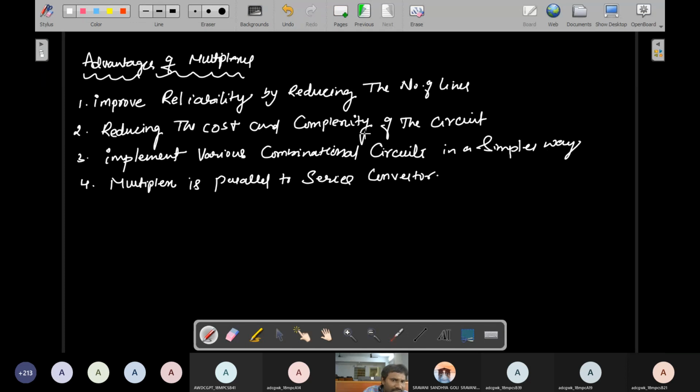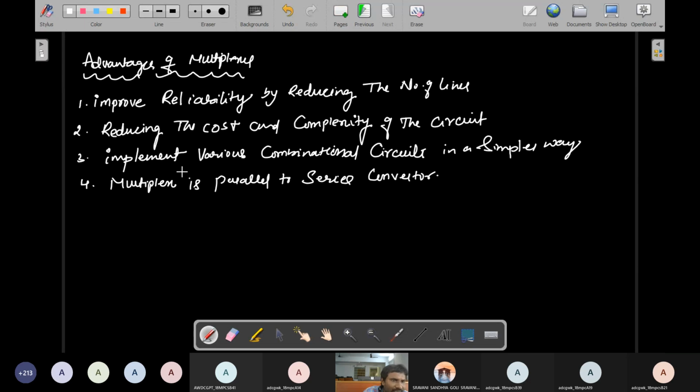And similarly complexity of the circuit means capacity to occupy the space, that is called complexity. So that capacity of occupancy is also very less.